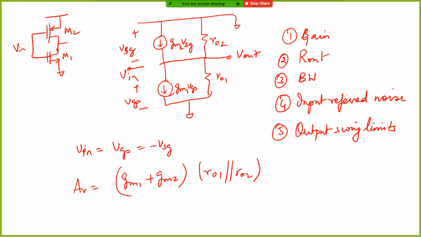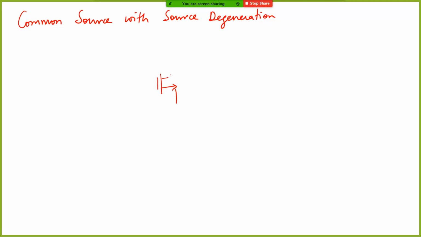Another variant that we can see here is basically common source with source degeneration. You can take any common source here.